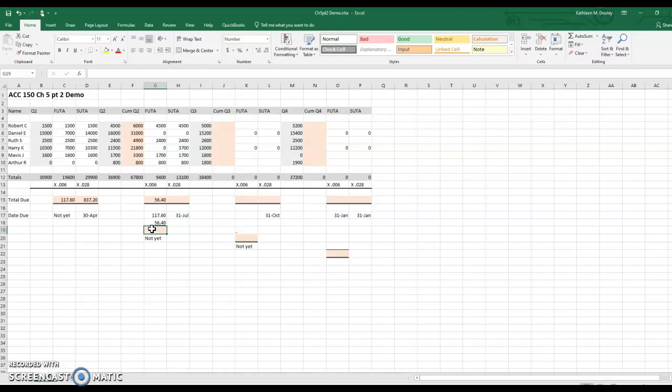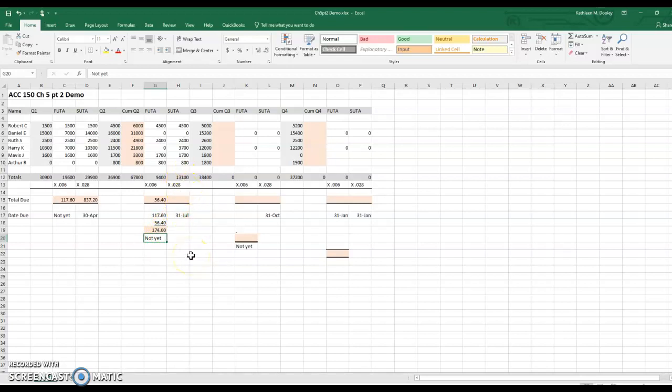That's $174. Okay, total that I owe FUTA yet. And I don't have to give it yet because it's still under $500. I can go ahead and pay it now on July 31st if I want to. Otherwise, I can wait again.